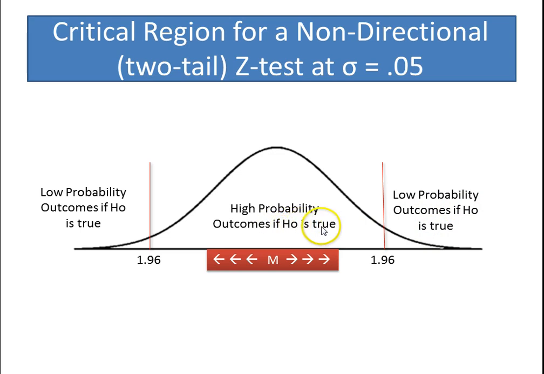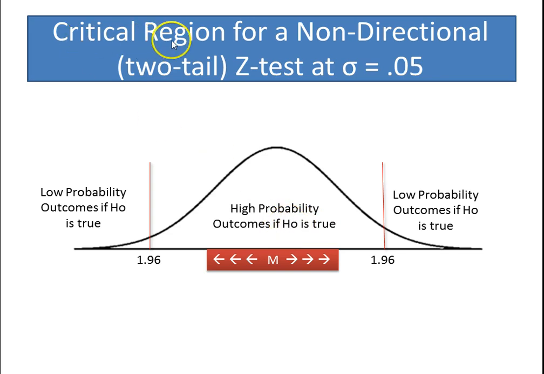If H0 is true is the same as saying if there is no effect, right? Because H0, the null hypothesis, states that there is no effect. So if H0 is true, then it is true that there is no effect.